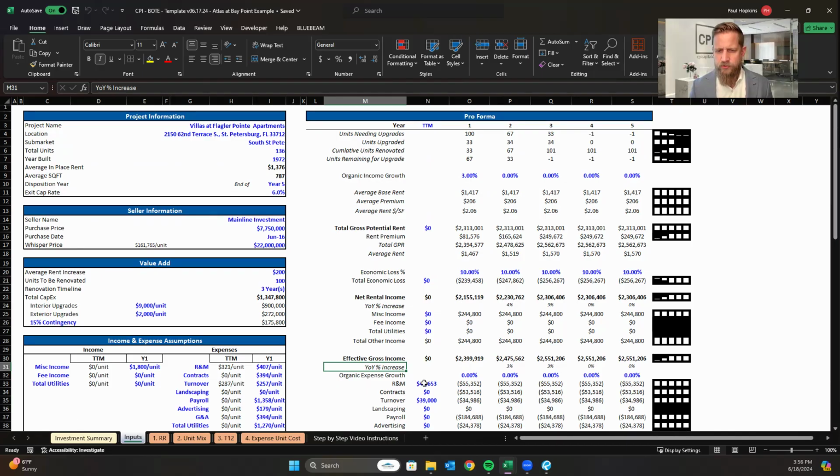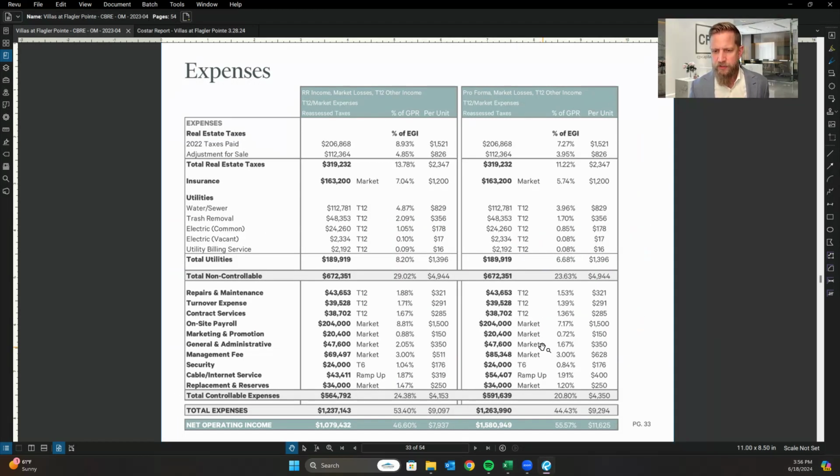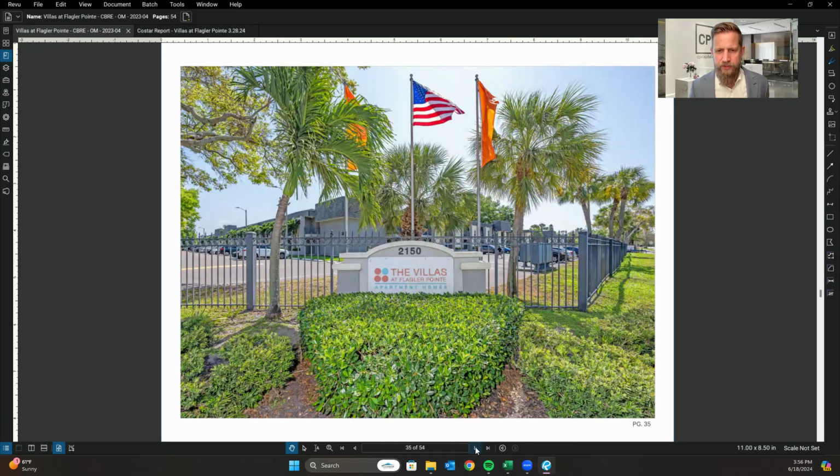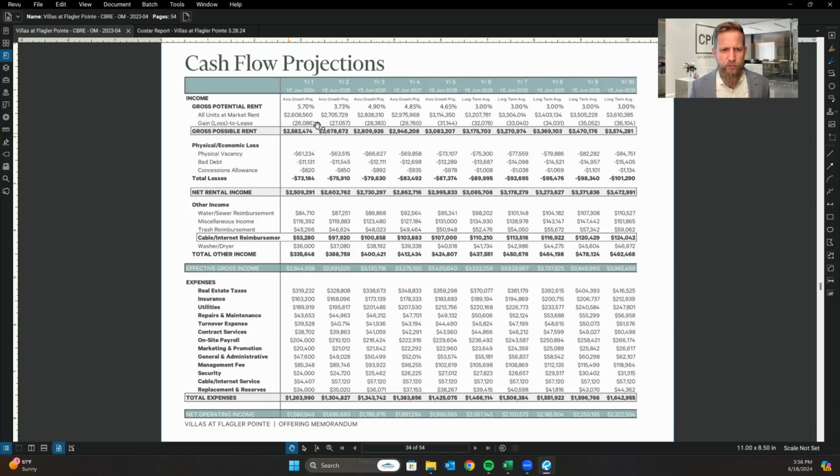And again, now you should start looking at your organic expense growth. So that's usually somewhere between 1.5% and 3.5%, depending on the market, depending on what's going on in the economy, inflation, all that stuff. And so if you want some guidance, talk to the broker. They might actually have in here a description of how they're evaluating their rent growth.